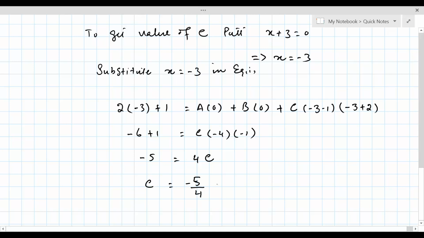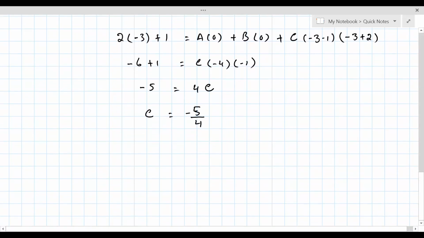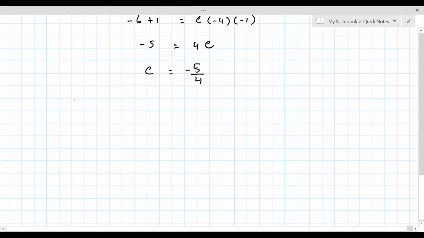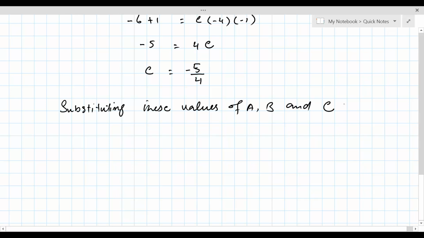Now we have all the values for a, b and c. If we substitute these values of a, b and c in the parent equation, what was the parent equation where we assumed ABC?